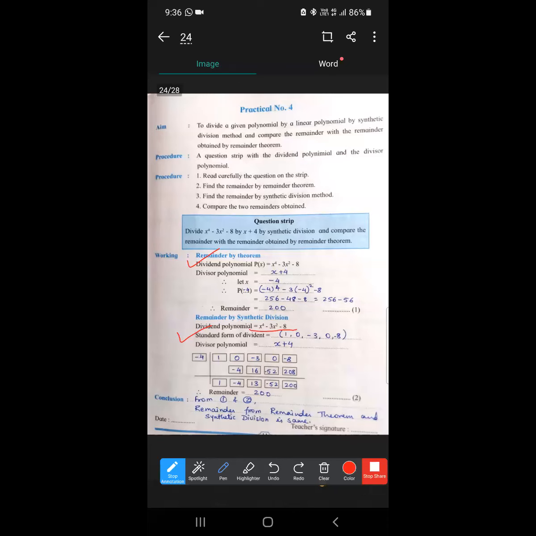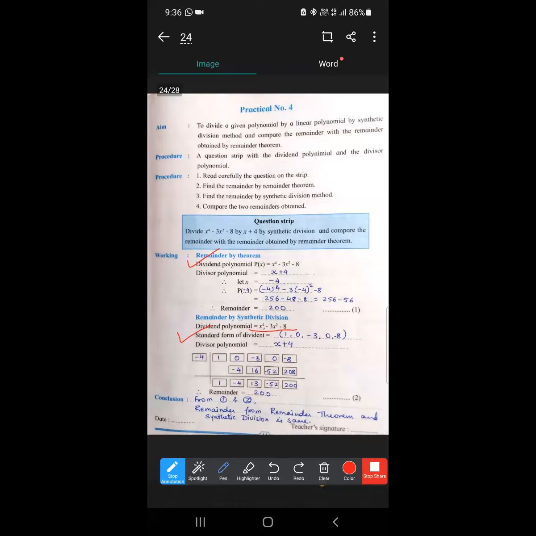First of all, as I told you, you need to arrange in ascending order. So x raised to 4 minus 3x square minus 8 is already arranged. Then the coefficient form of the dividend. For x raised to 4, no coefficient is there, which means it is 1. Minus. Now here you can see the degree 4.